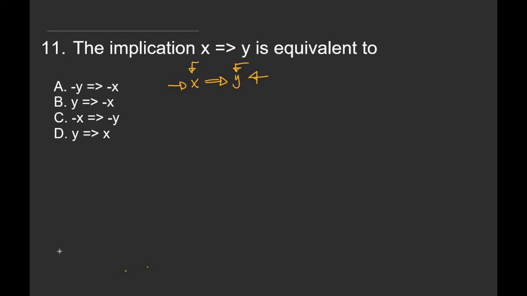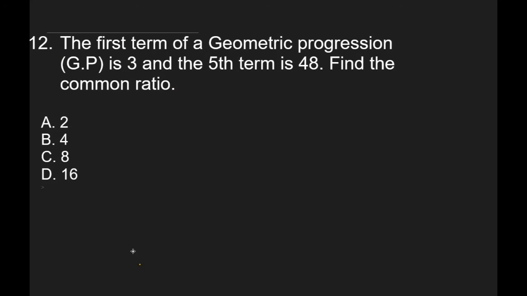Now it also means that if x is not the action, then y should not be the action. If x happens, y should happen, or y should follow. If x does not happen, then y cannot happen. And that means our answer is this.